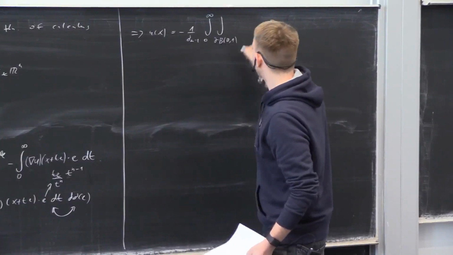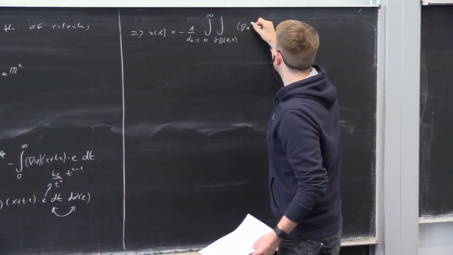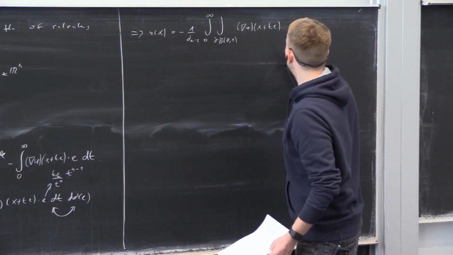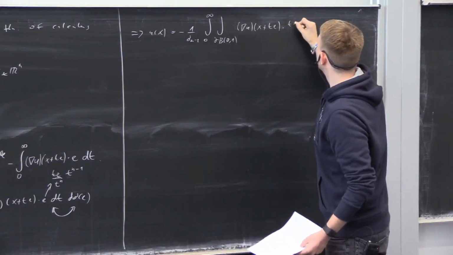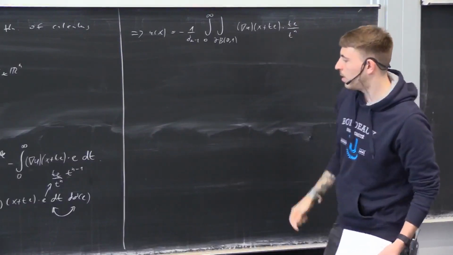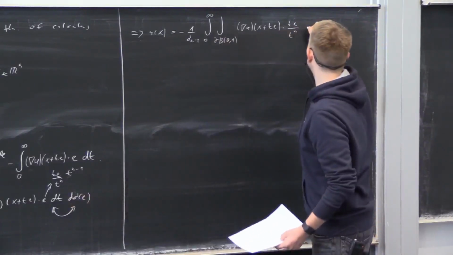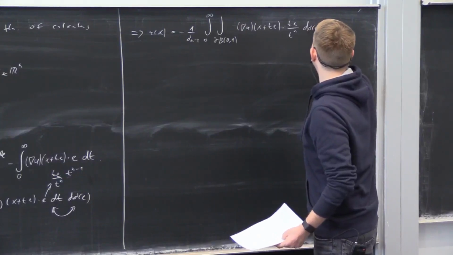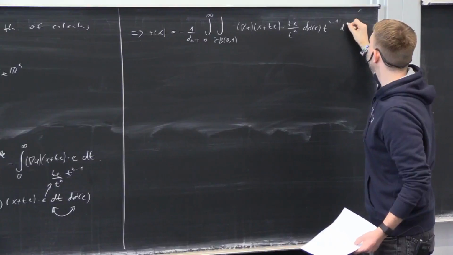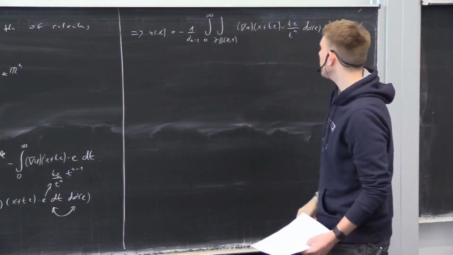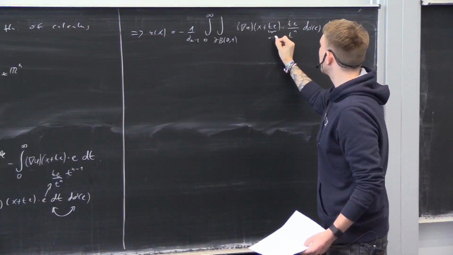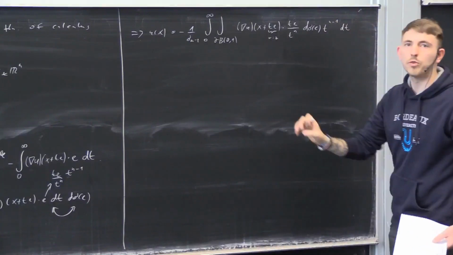The rest I copy: gradient of u of x plus te, inner product, te over t to the n. Then here I also swap the order, so let's write here d sigma of e, and here this t to the n minus 1 dt. We want to use a substitution here, so we define this as z, and use polar coordinates.